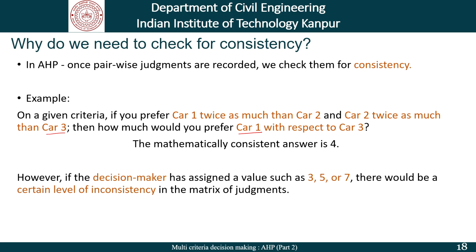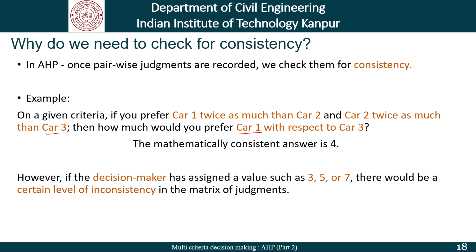However, if the decision maker has assigned a value such as say 3, 5 or 7, then there would be a certain level of inconsistency. That is, when we ask the decision maker how much they would prefer car 1 over car 3, and instead of saying 4, they say 3, it means there is some level of inconsistency.